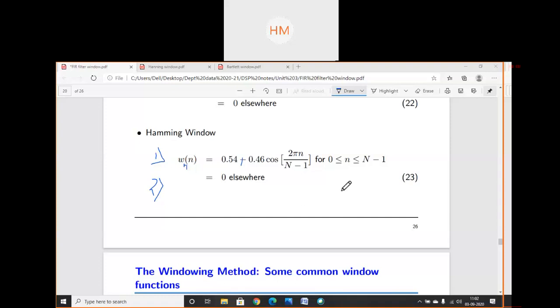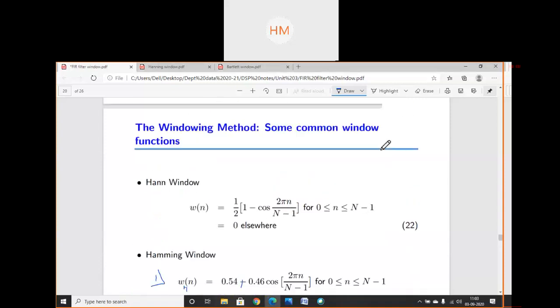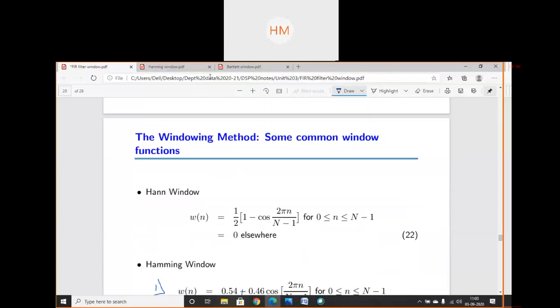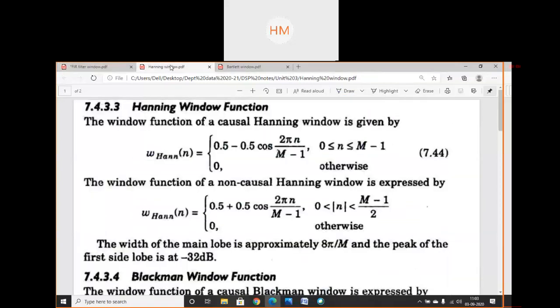Now write down the third window function as Hanning window function. Hanning window function. So write down the equation.